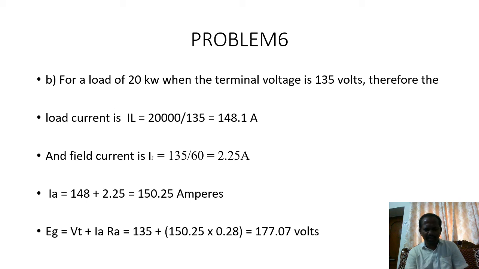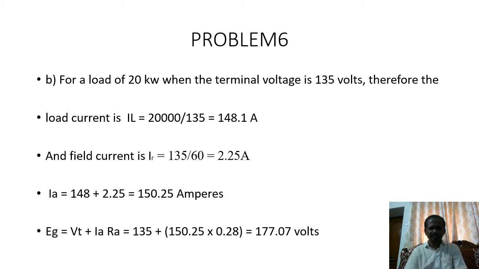We calculated that the total generated EMF in the armature winding is 177.07 volts. 177.07 volts is the generated voltage in the armature conductors.